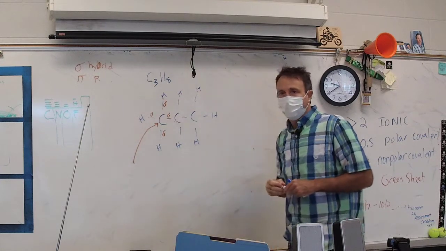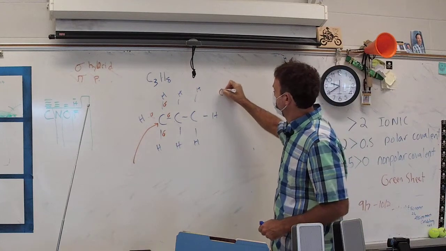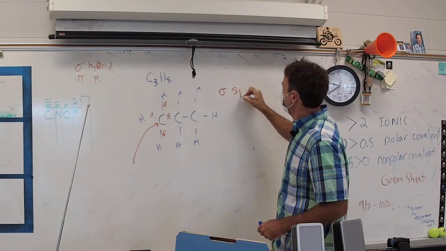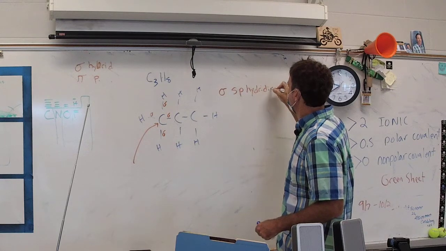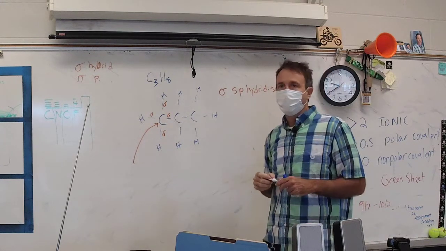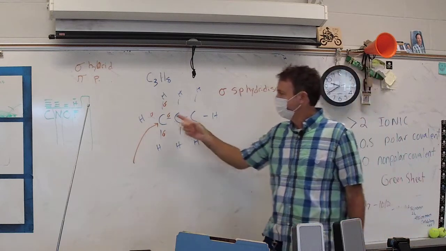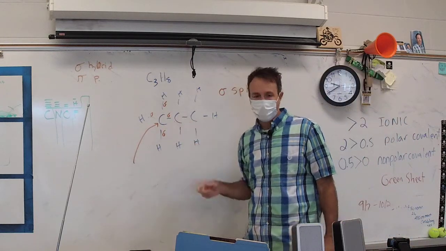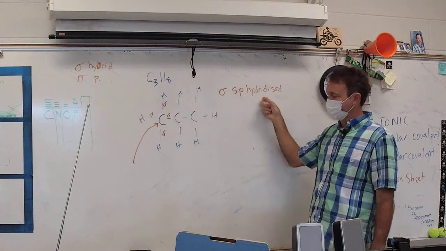That has 4 sigma bonds. A sigma bond is an sp hybridized orbital. That's what a sigma bond is.